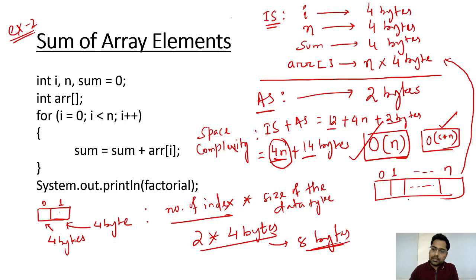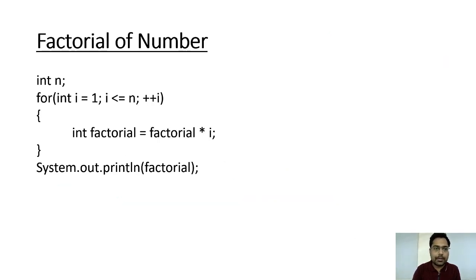Understood? That is why we are saying the maximum space complexity now is big O of n because of the array size. If n number of indices are there, we can say simply it is n into 4 bytes, which is big O of n, linear space complexity.